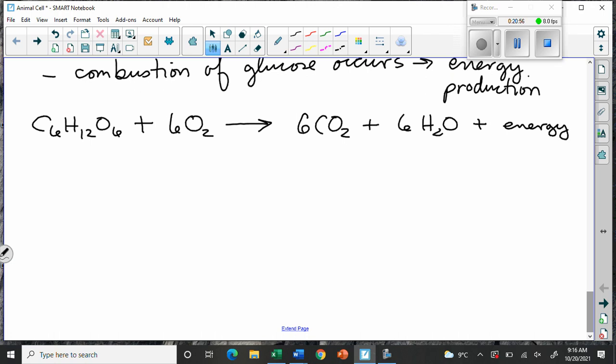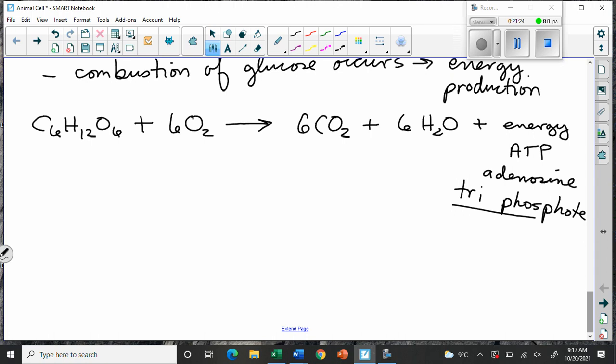Now, the energy that's released gets locked up into another molecule in the process. And you probably don't know much about this guy yet. The molecule is called ATP, which stands for adenosine triphosphate. That's actually all one word, triphosphate.